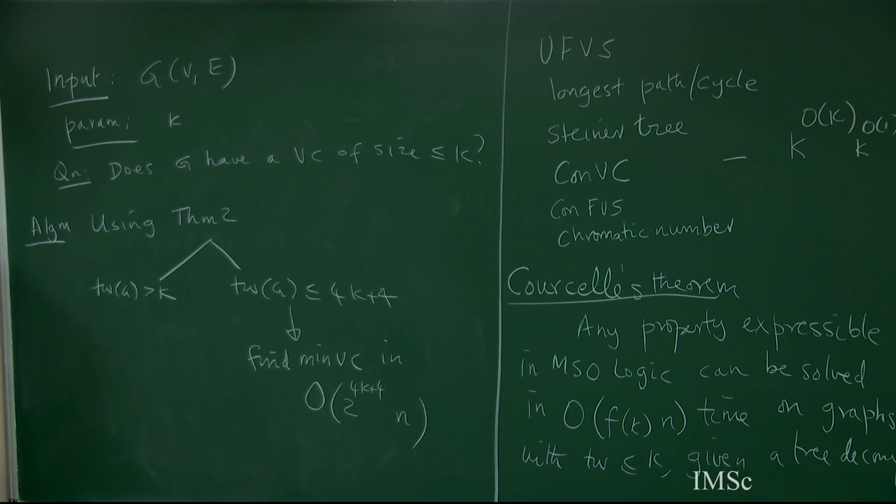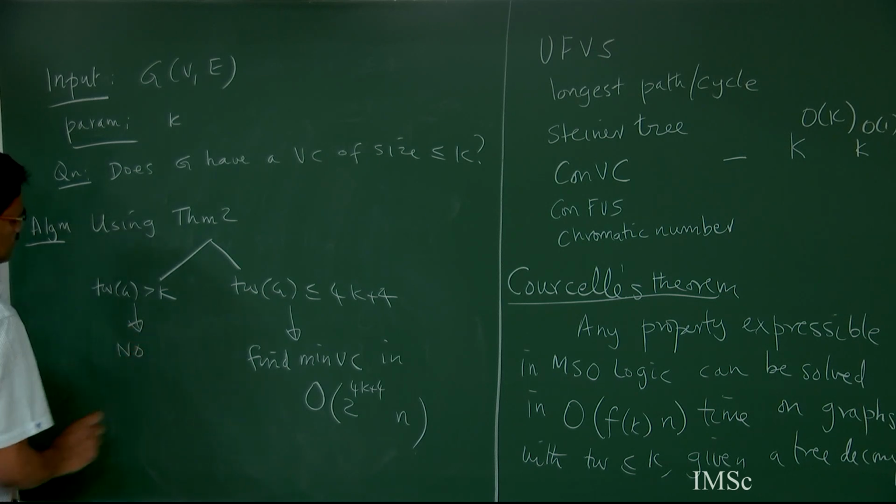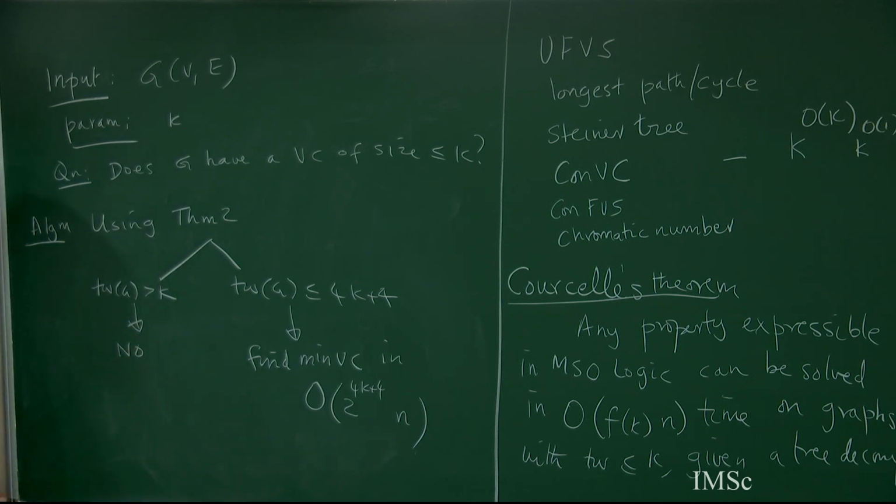There was an exercise I left at the end, right? Why is it a no instance? Did people think about a solution for that? So yesterday, towards the end, I said, if the graph has a vertex cover of size at most k, then its tree width is at most k. If the tree width happens to be greater than k, then it doesn't have a vertex cover of size at most k. Why is that?